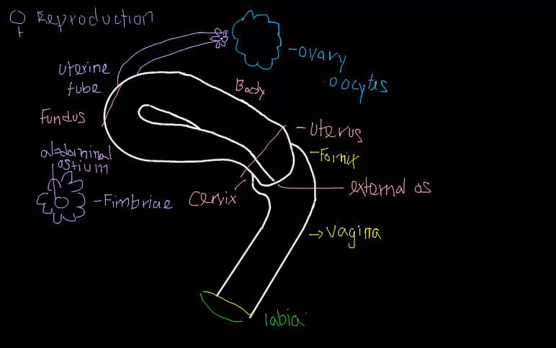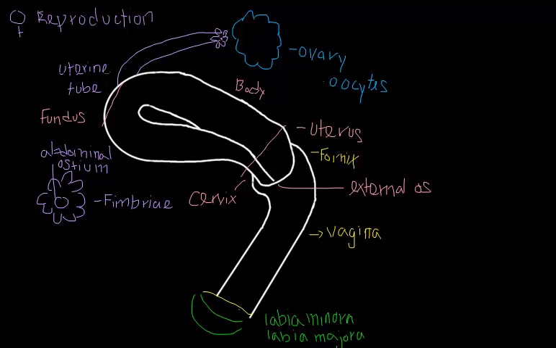Let me write that there, labia minora. And then there's a larger cutaneous fold that occurs just outside of that one, and this is the labia majora. So you can remember minora and majora, or major and minor. These are just cutaneous folds that occur in the external genitalia.